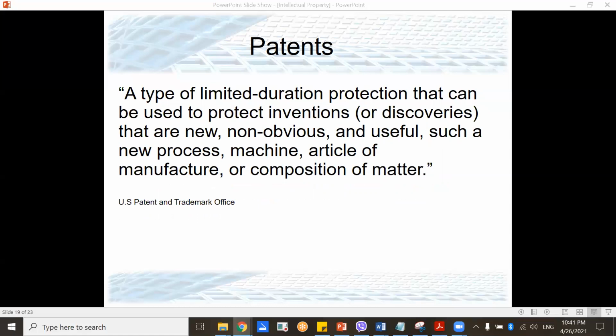So a patent for an invention is the grant of a property right to the inventor. Generally, when we talk about the United States, for example, this patent lasts for about 20 years from when the inventor attempts to patent the invention by filing with the US government.